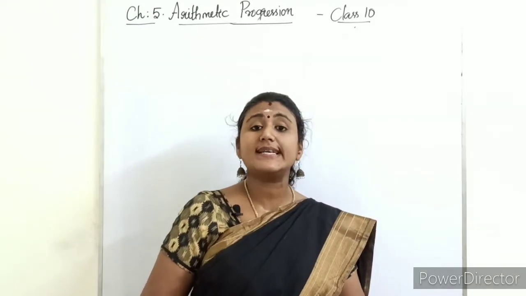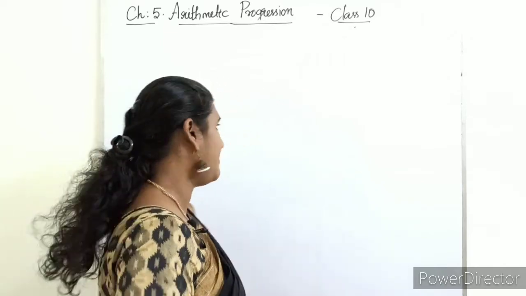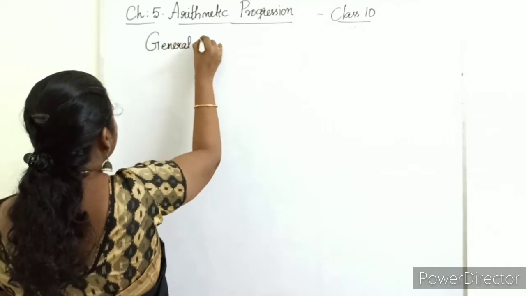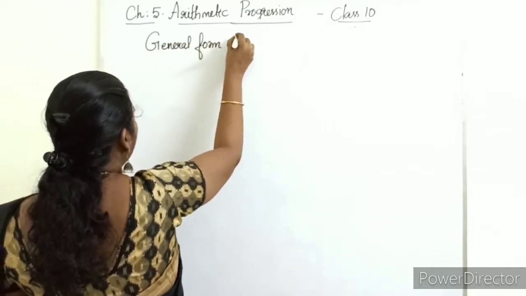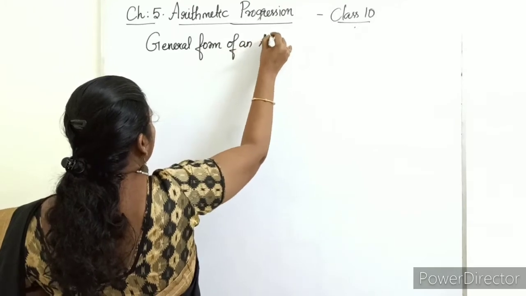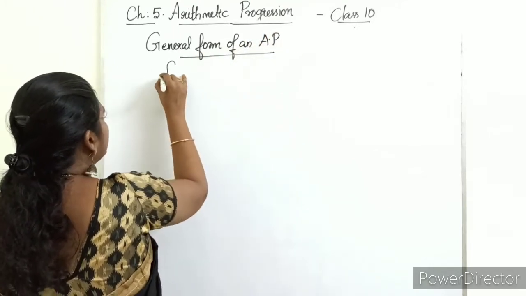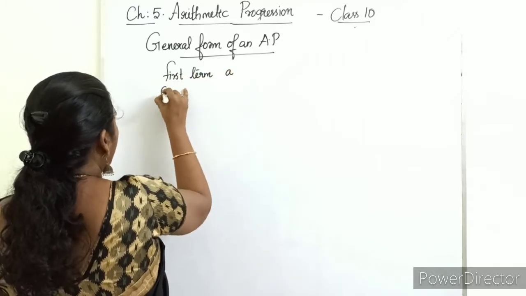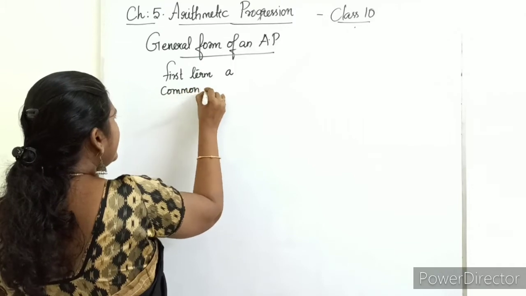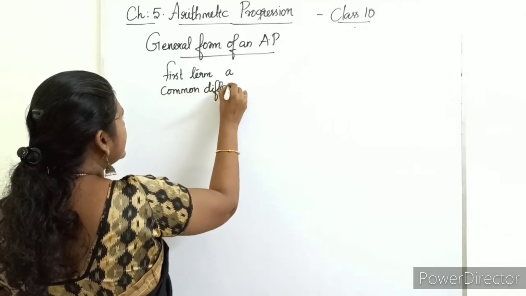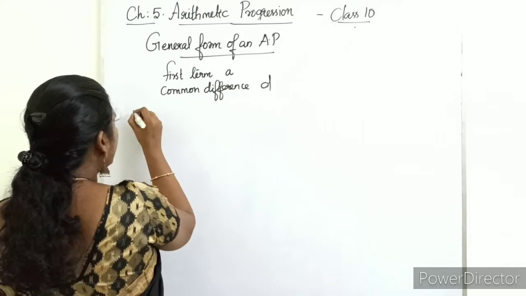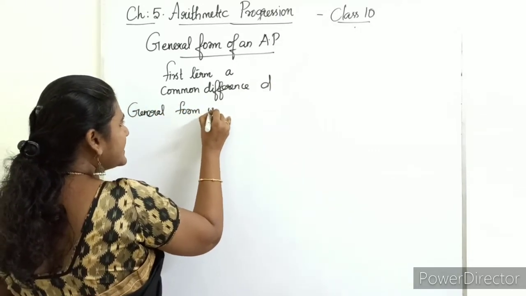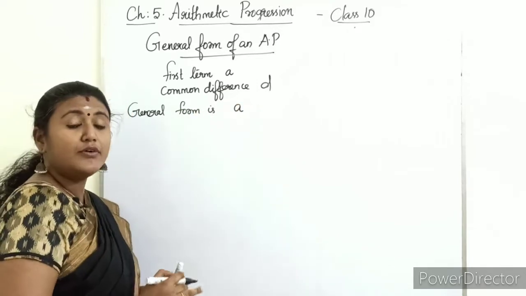Now we will see what is the general form of an AP. Suppose the first term of the AP is denoted by A and the common difference is D, then the general form of an AP is: first term is A. How will you get the second term?